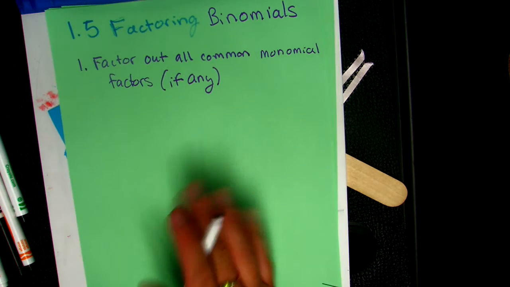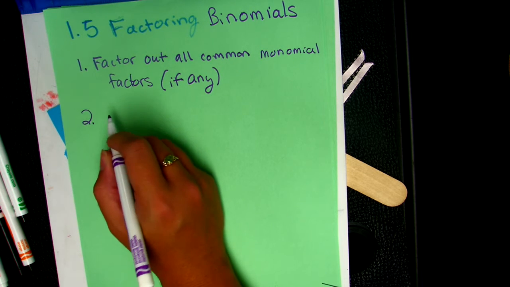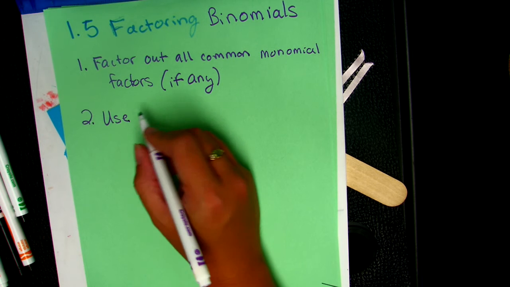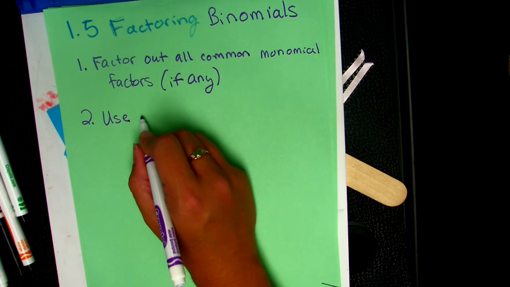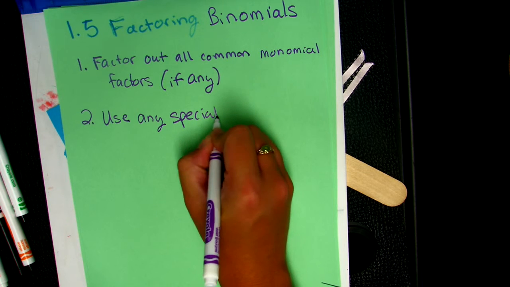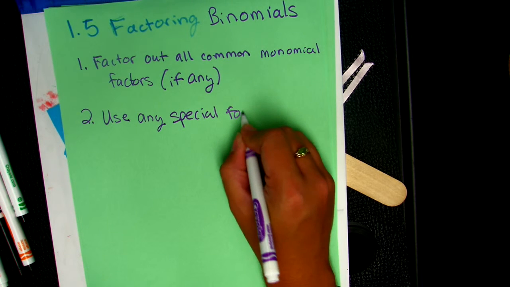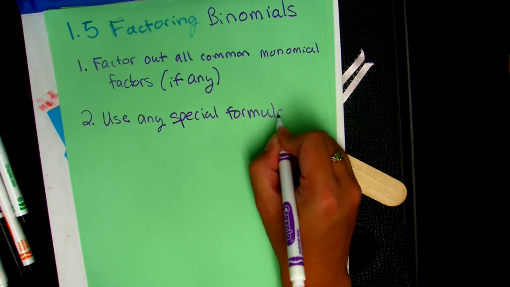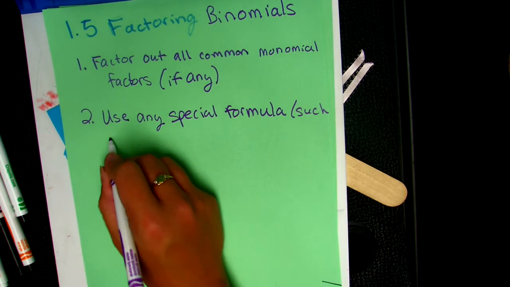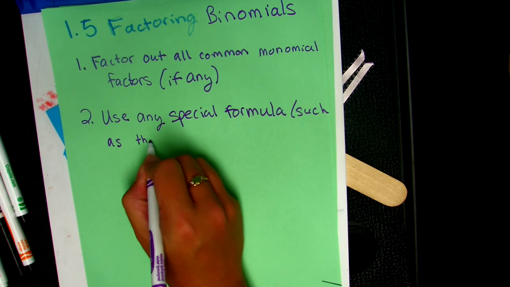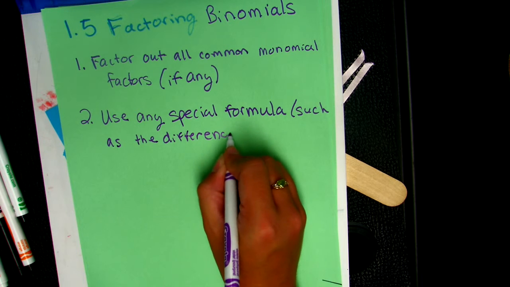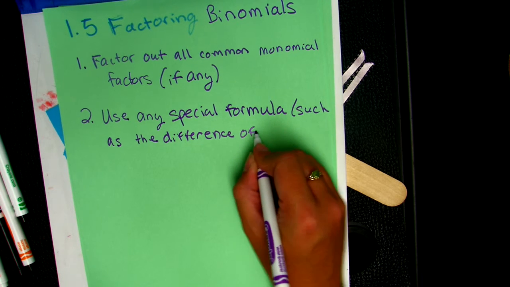The second thing you want to do is look for special cases, like difference of two squares. So use any special formulas, special cases. And we're going to look at what the difference of two squares looks like in a second.